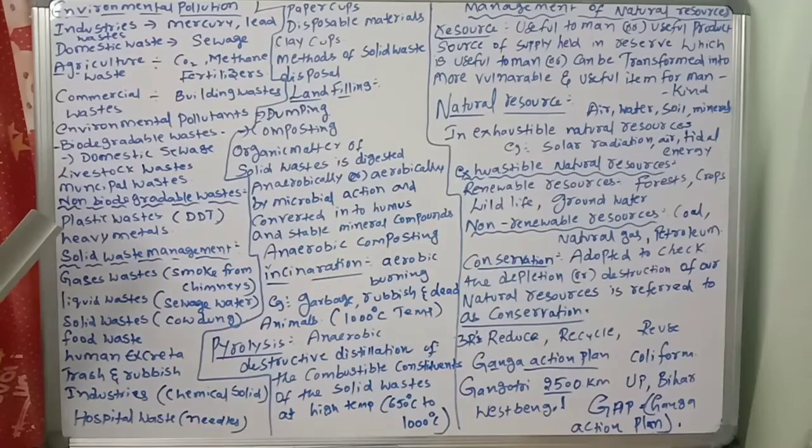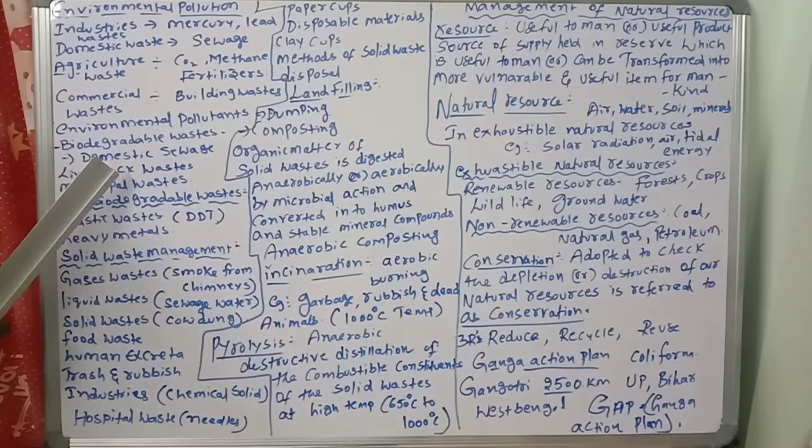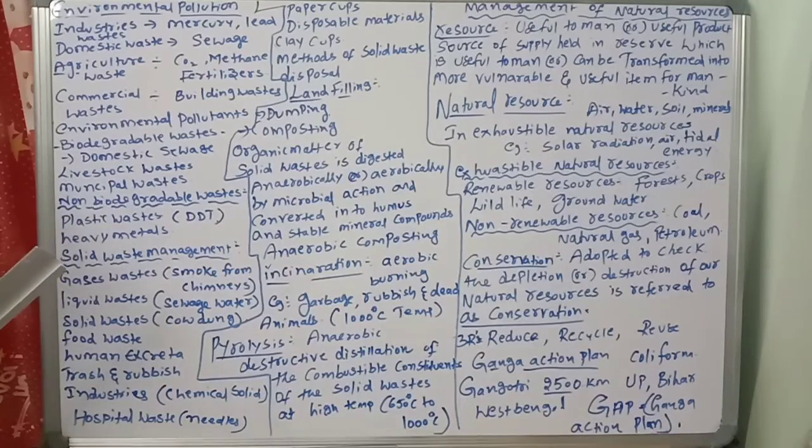Biodegradable waste means waste degraded by biological or microbial action. This includes domestic sewage, livestock waste, and municipal wastes. These cause pollution only when they are added in large amounts, beyond their rate of degradation.